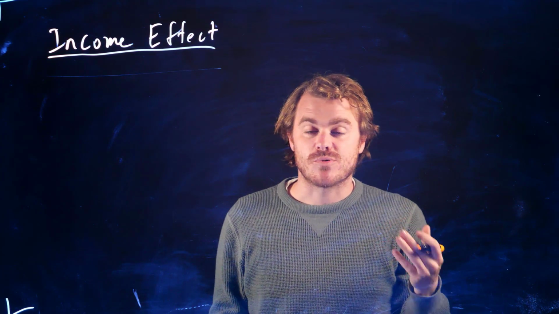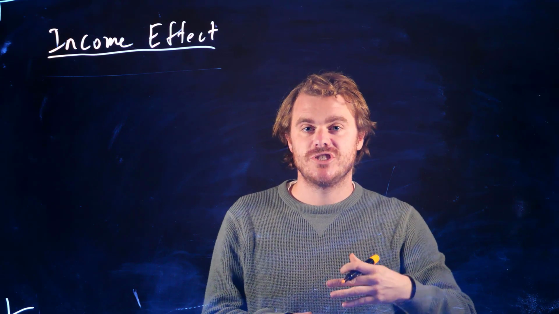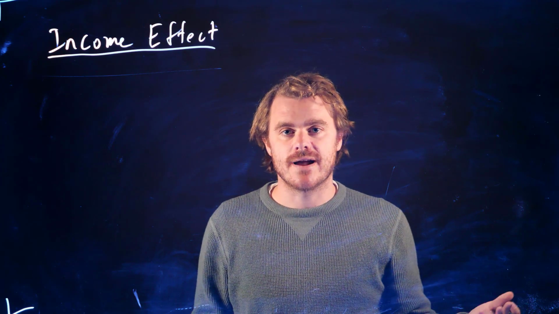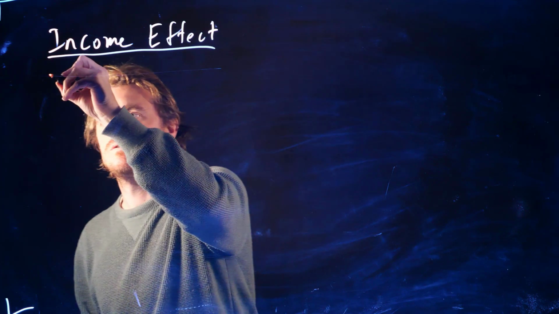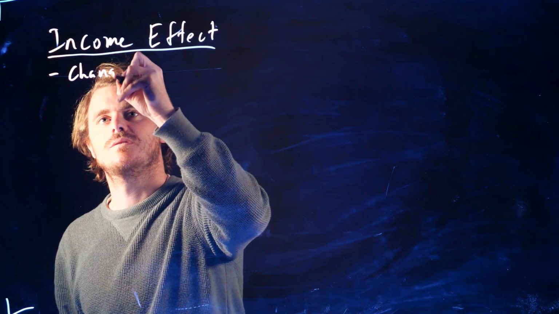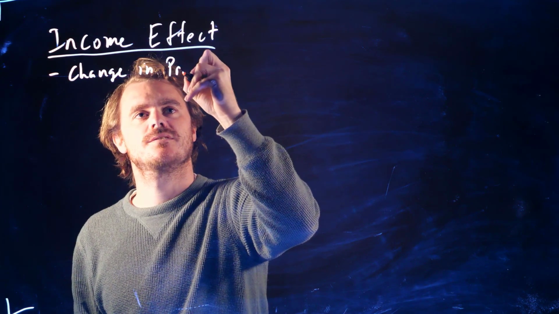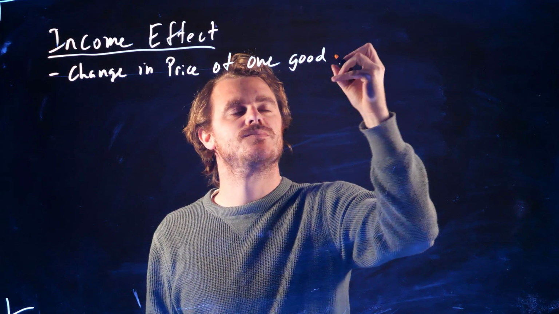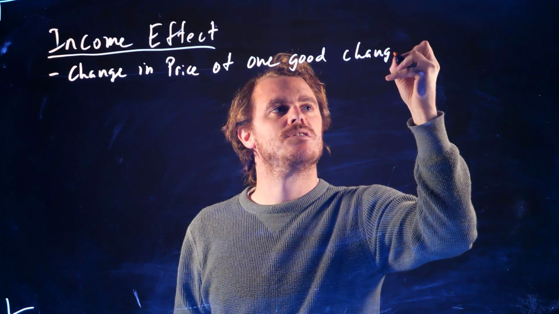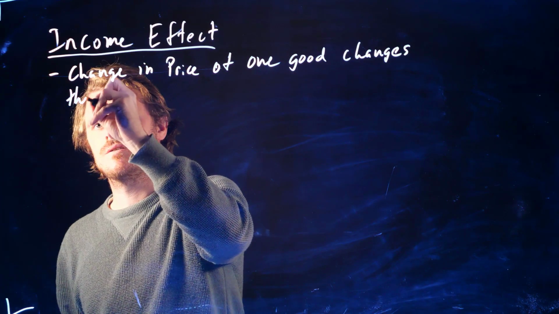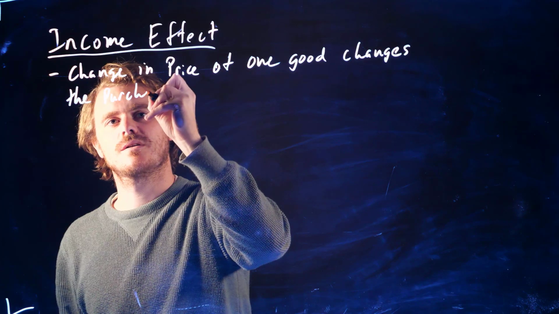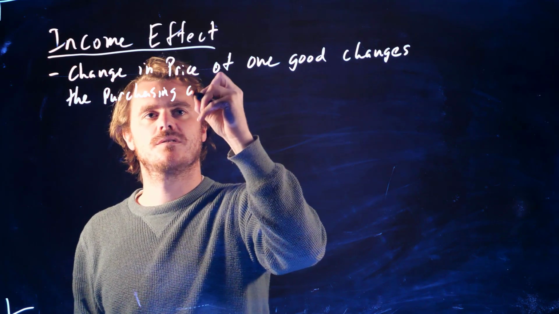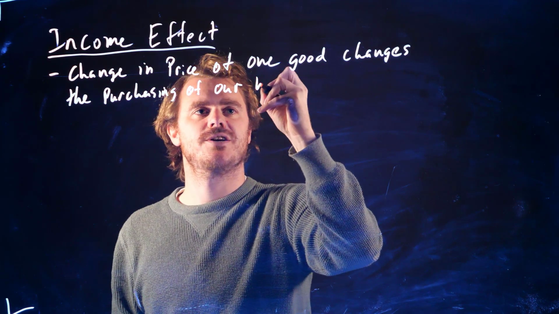A change in the price of one of the goods is going to change the purchasing power of our entire budget. A change in price of one good changes the purchasing power of our budget.